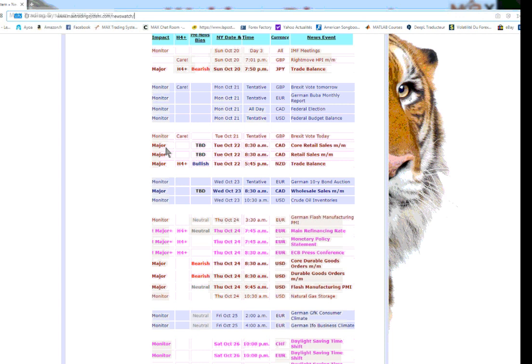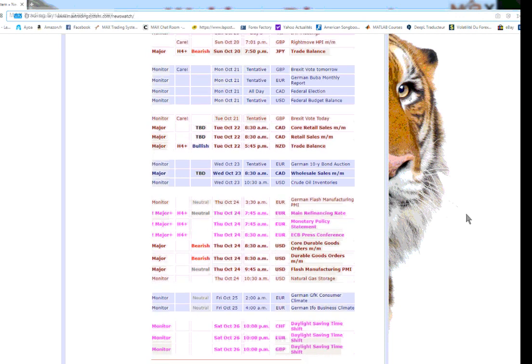When you have a major label followed by no time frame, this means that the impact should be only present in small time frames, from the 5-minute time frame up to the 1-hour time frame. If we indicate H4+, this means that the impact will also be in the higher time frames, 4 hours and daily. And TBD means to be defined, because there was no forecast in the traditional economical calendar.